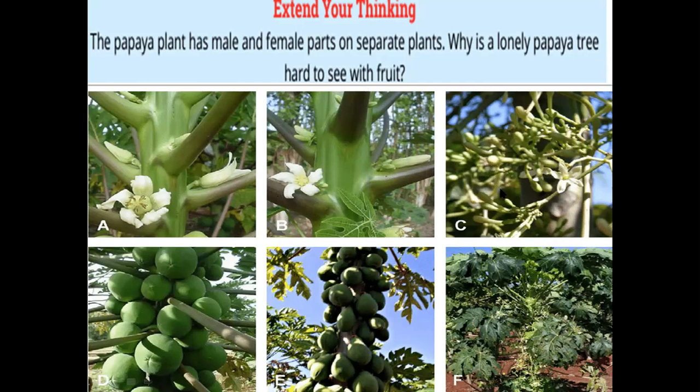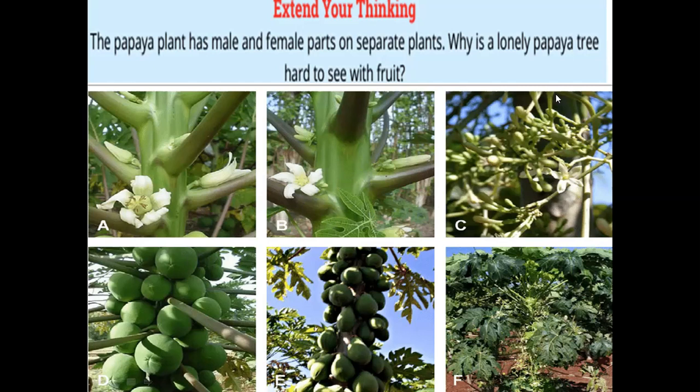Separately, they will not give fruit. They have to grow side by side, and pollen grains from this male flower will reach the other flower by cross pollination, and then it will produce fruit.